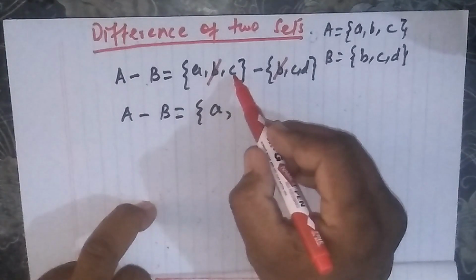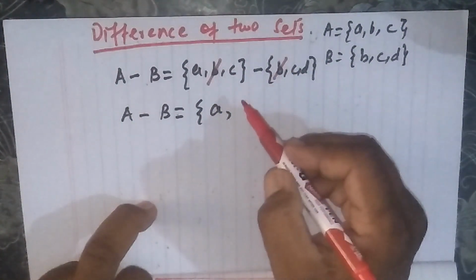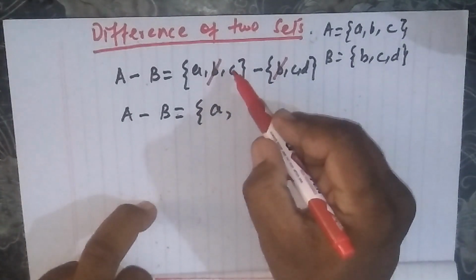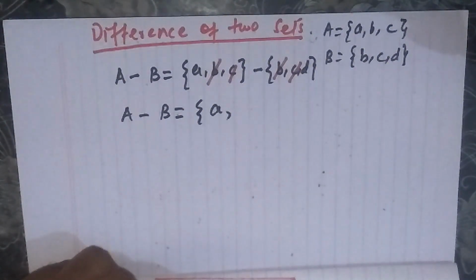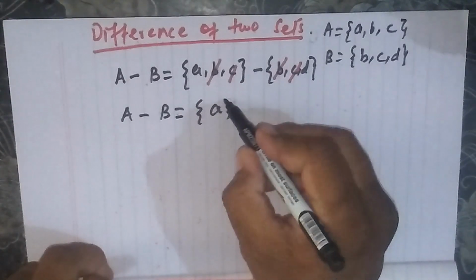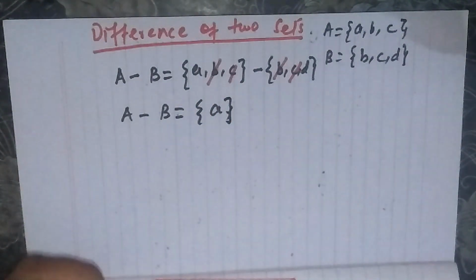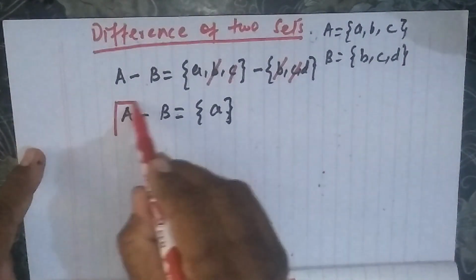Again, C is present in set A as well as in set B, so C will be cancelled out like this, and what remains is only A. So we get A minus B equal to only this. So this is the difference of two sets A and B, and this is A minus B.